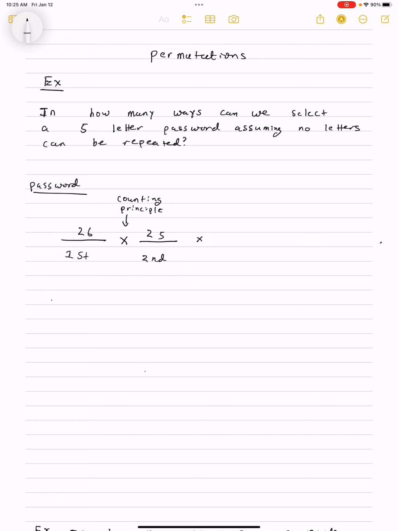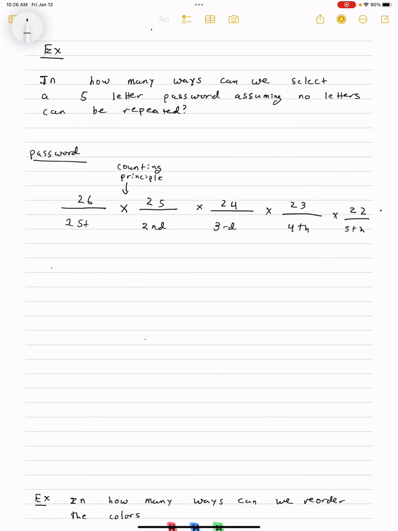Okay. We continue in this way for the third letter in our password, which will be one less, 24. Then the fourth will be 23, and the fifth will be 22. Okay, so I just want to remind us that a factorial, for example, 4 factorial is 4 times 3 times 2, all the way down to 1.